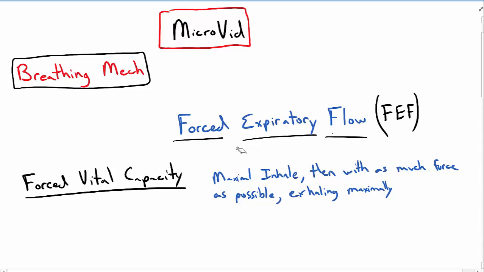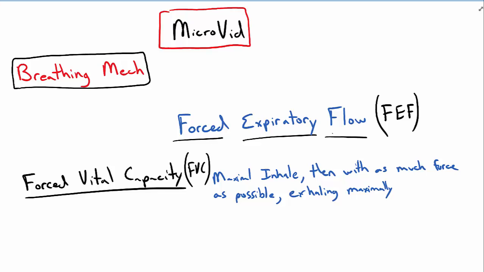And forced vital capacity can be abbreviated FVC. Basically, as the name implies, it's the vital capacity, the total amount of exchangeable air, forcibly exhaled.